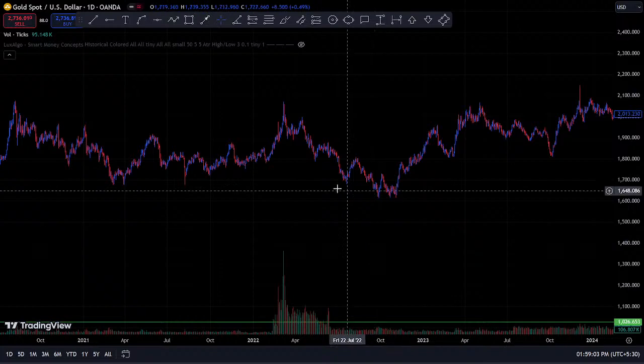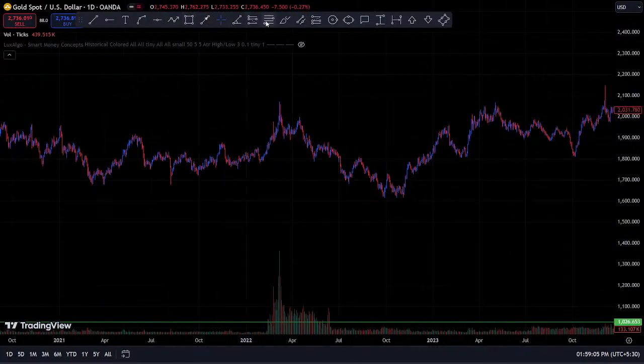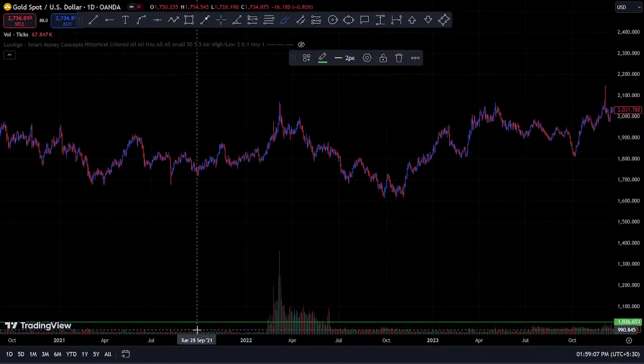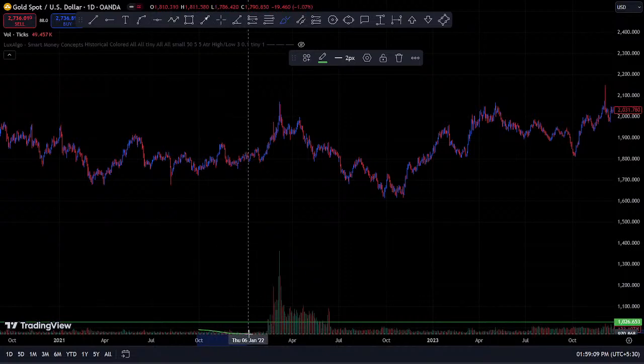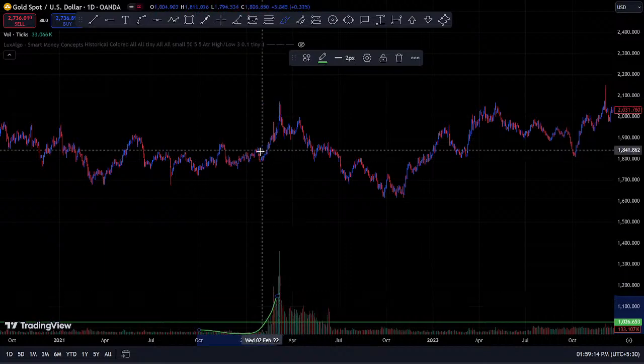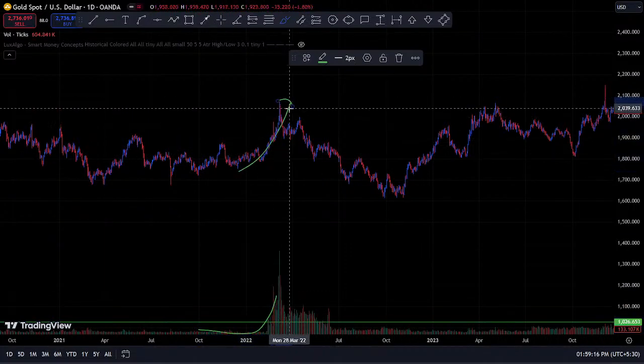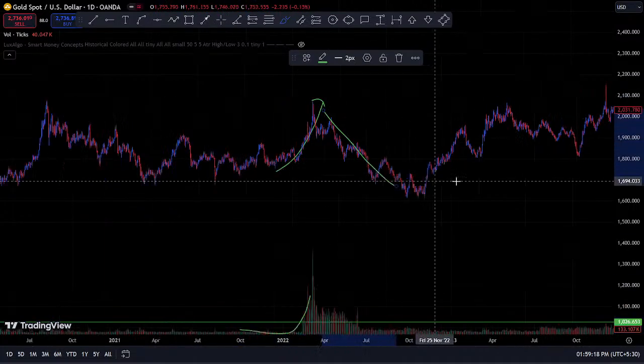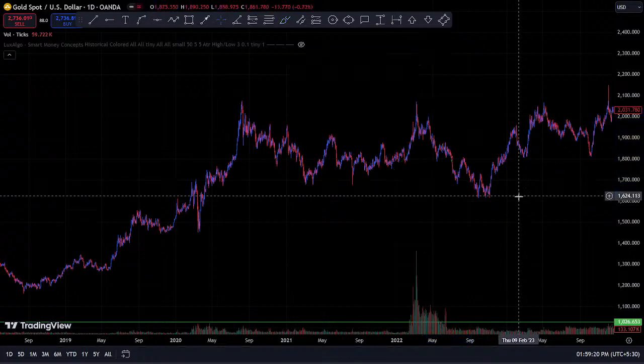That we need to remember. So what is happening here? The gold price is increasing as the volume is increasing. As a result, price went from here to here. Then it started to crash, then it started to take some pullbacks and all of those things.